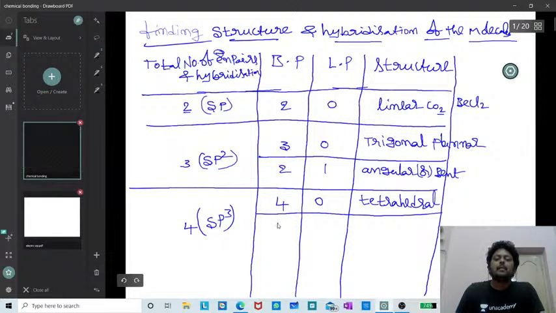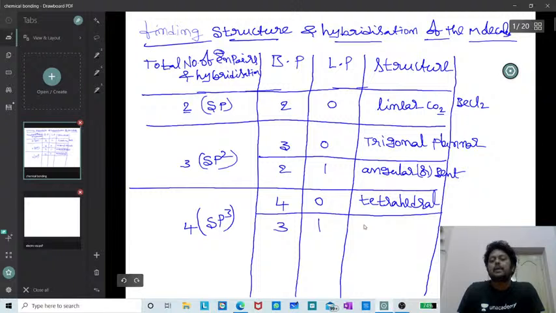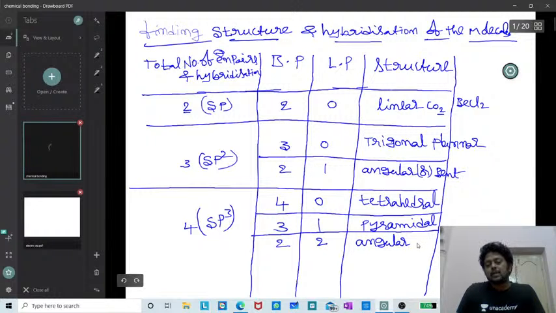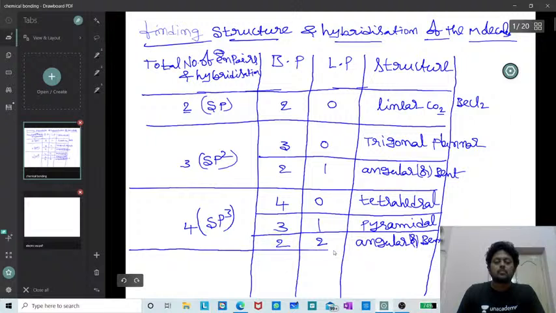Next, 3 bond pairs, 1 lone pair, the structure is pyramidal. 2 bond pairs, 2 lone pairs, geometry is angular or bent or V shape, like an inverted V.